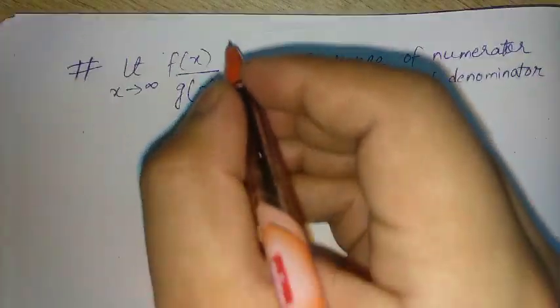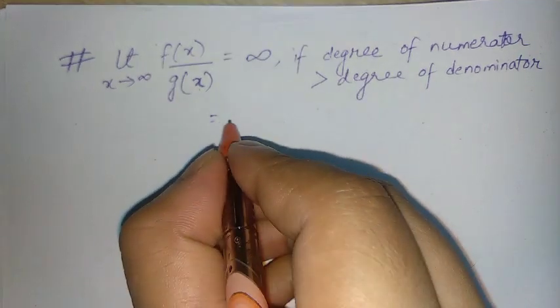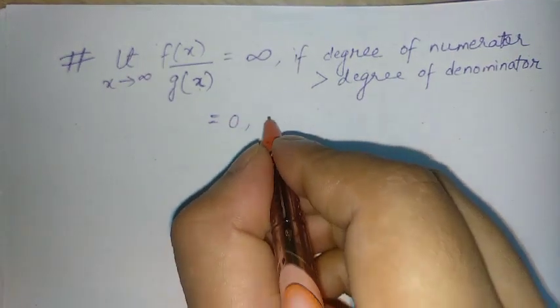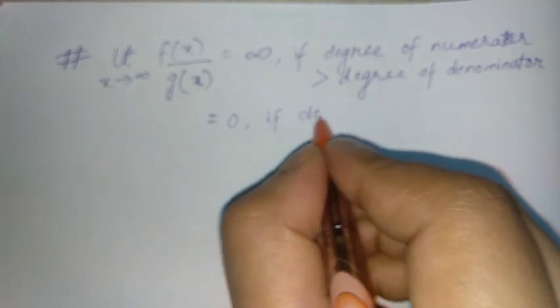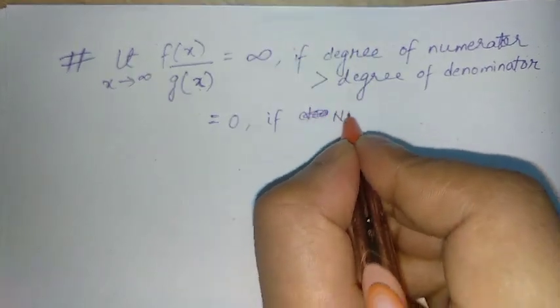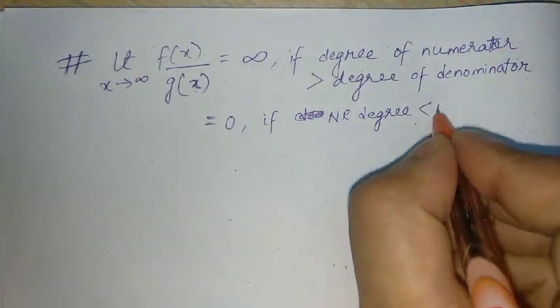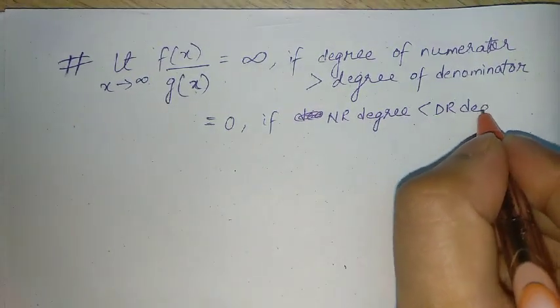Okay, and it is equal to 0 if the numerator degree is less than the denominator degree.